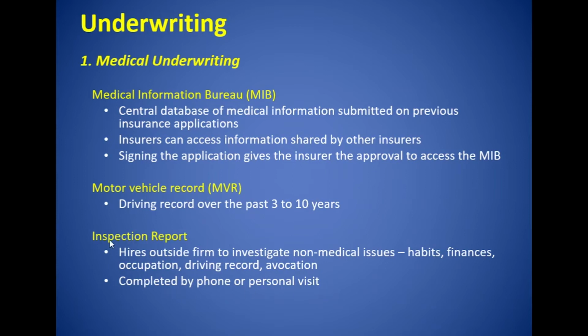So again, if the company is going to do an inspection report on you, you are going to know this. It's not going to be a surprise. It's not something they're going to do behind the scenes. It would be part of the requirements they have identified in their underwriting requirements, or if it comes up later on through the process, they will notify you and say, hey, based on our underwriting, we will now require an inspection report.